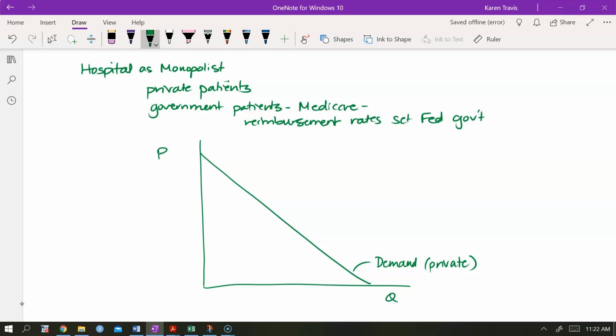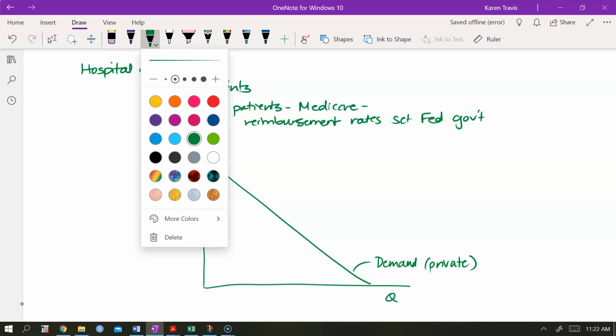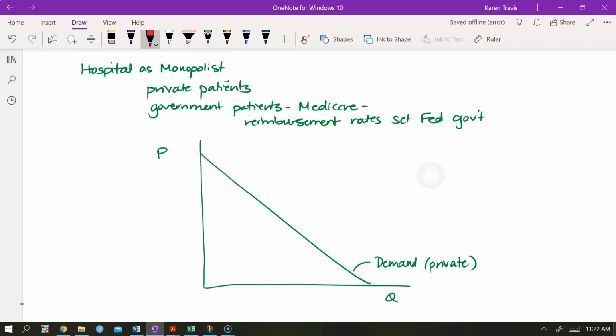Now, to make it simpler, let's imagine every single patient is the same cost. So let's just say everybody costs $100. So it's costing them $100 for each additional patient, no matter how many there are.